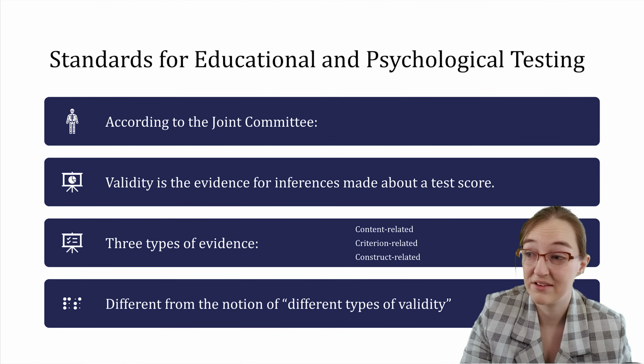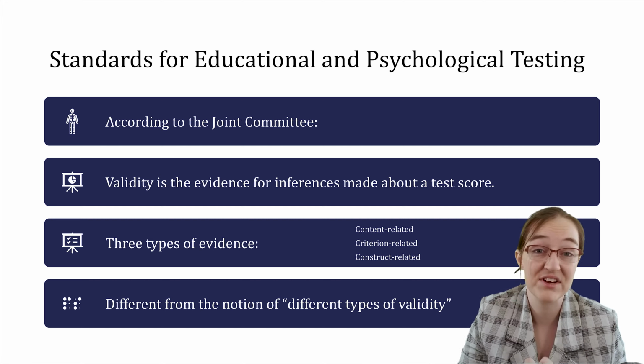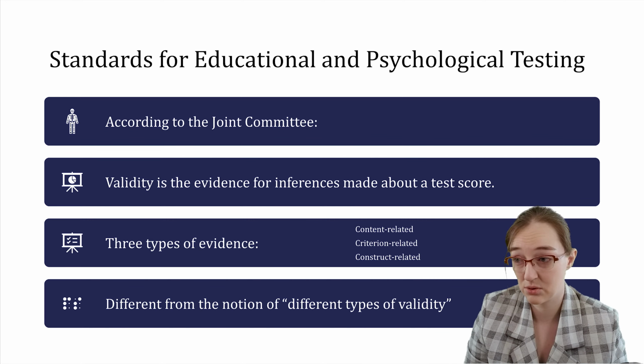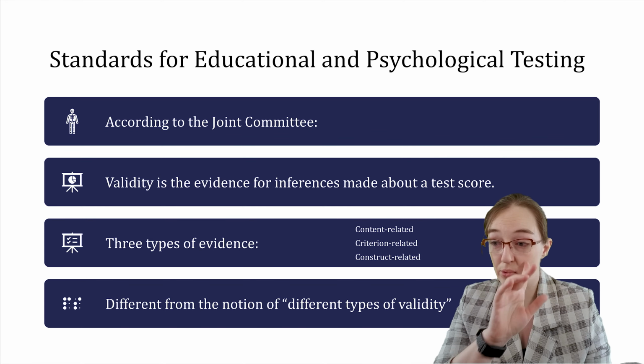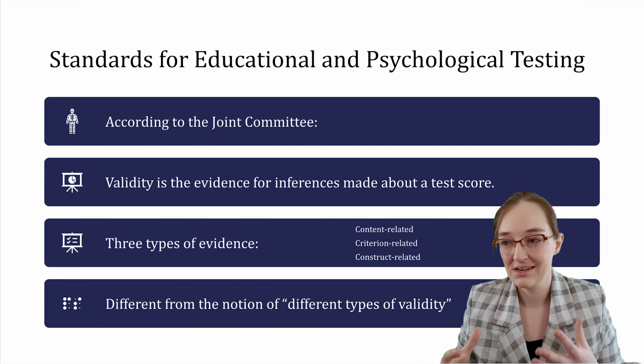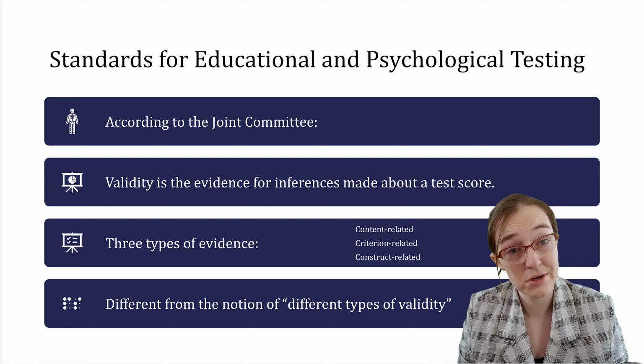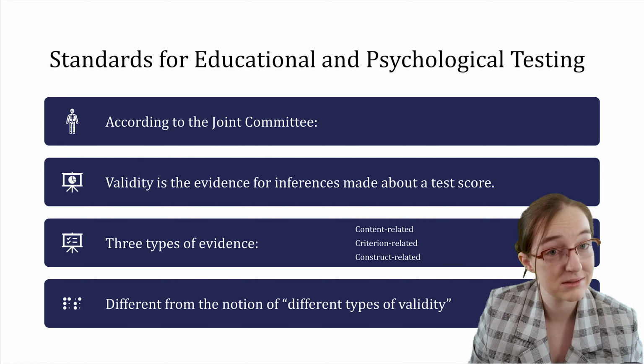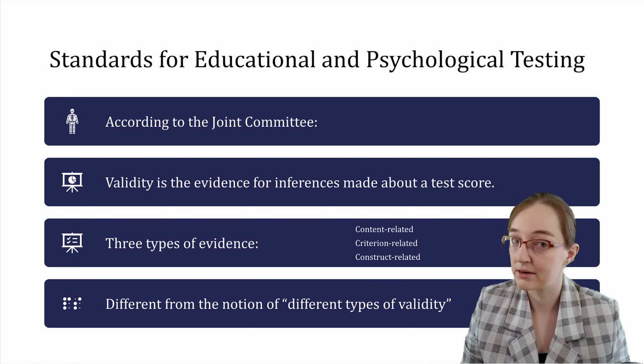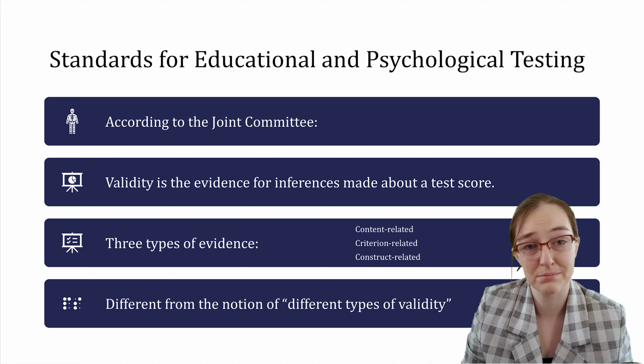According to the Joint Committee, validity is the evidence for inferences made about a test score, and there are three broad kinds of evidence. You can view these as classes, and it would be good to know all of these three classes and be able to compare and contrast them and think about examples.